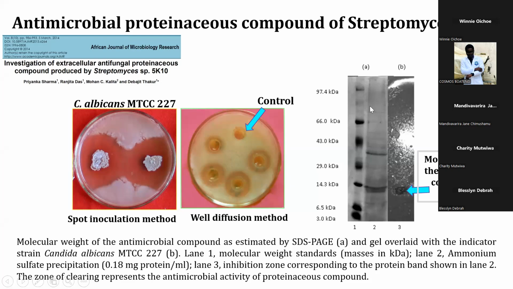This is the marker. So I came to know that this band does not have any antimicrobial activity, but this one has antimicrobial activity, and this is the entire protein of Streptomyces. And here I can see that the molecular mass is 14.3 kilodalton, which is confirmed here.